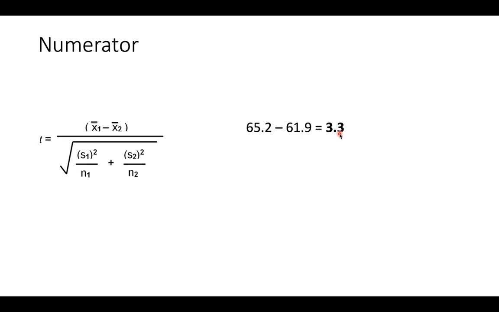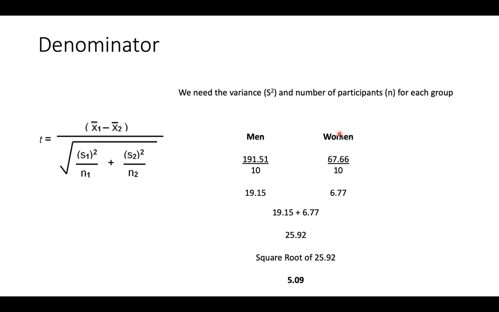So now we need to calculate our denominator. We pull in the numbers we need. S squared is the symbol for variance. So we can see we have S squared 1, S squared 2. That's men and women. So we pull in those variances divided by their sample sizes of 10. We do the math. We end up with 19.15 and 6.77.